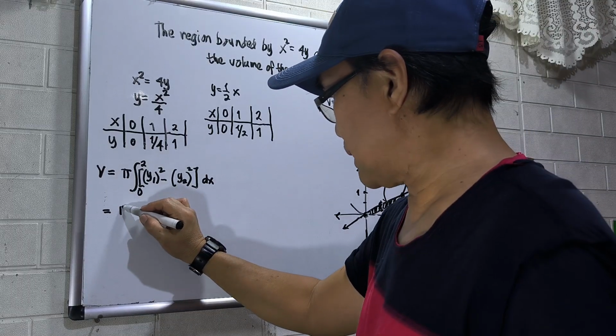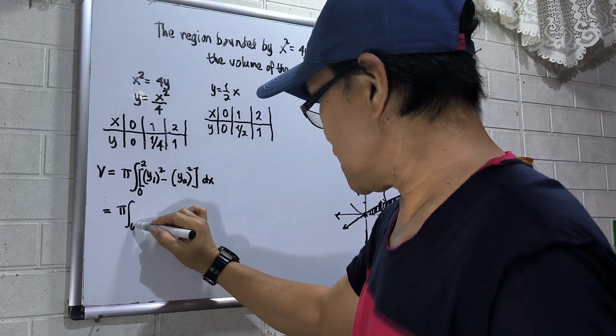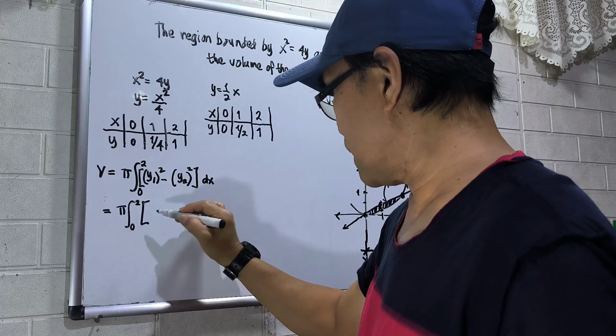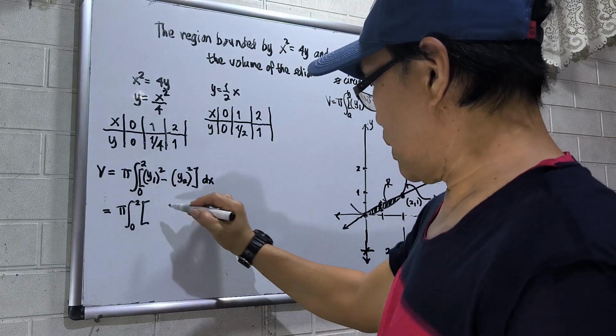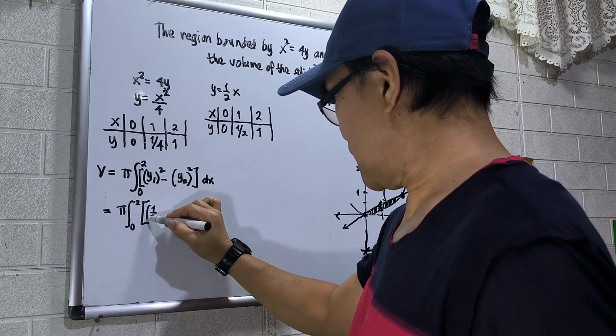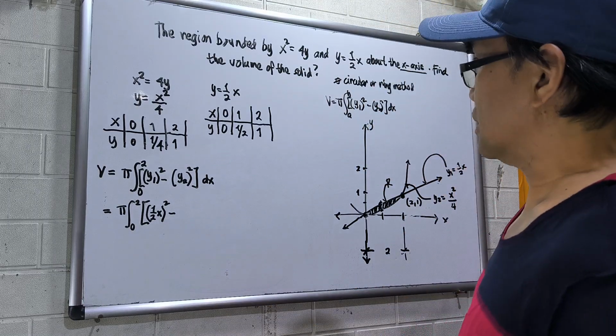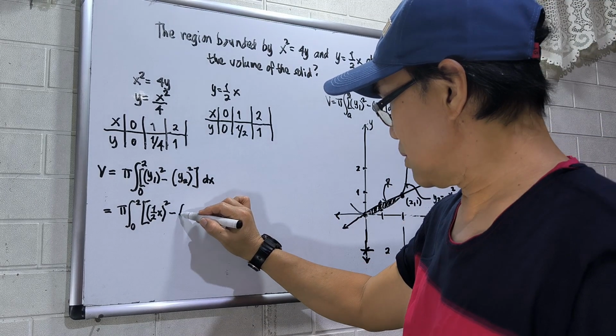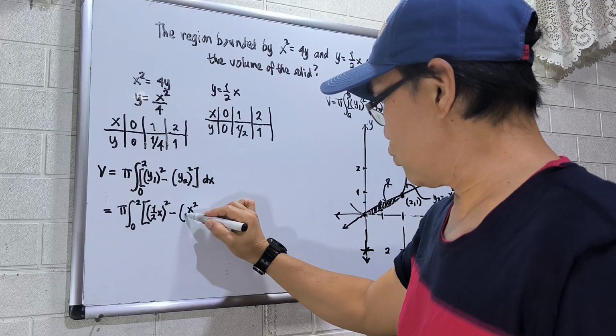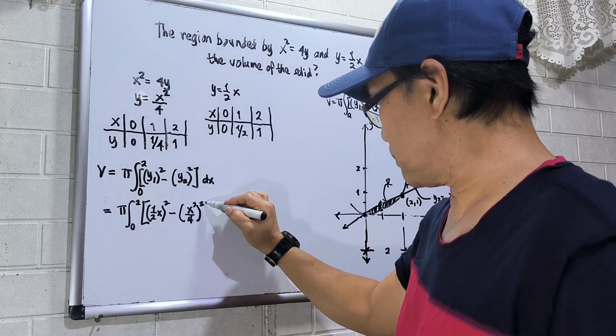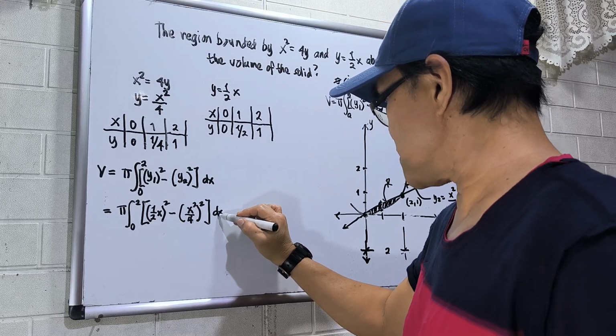So this will be pi integral from 0 to 2, square brackets, y1 is 1/2 x squared, then minus this one is y squared over 4 squared, then dx.